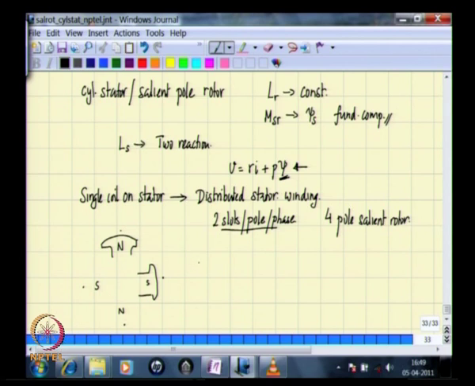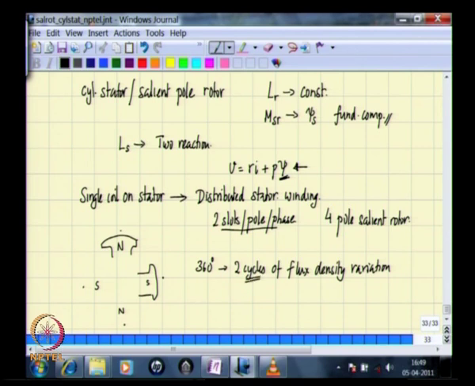So, over one mechanical 360 degrees you have two cycles of flux density variation. This is what is referred to as mechanical degrees and therefore electrical degrees.